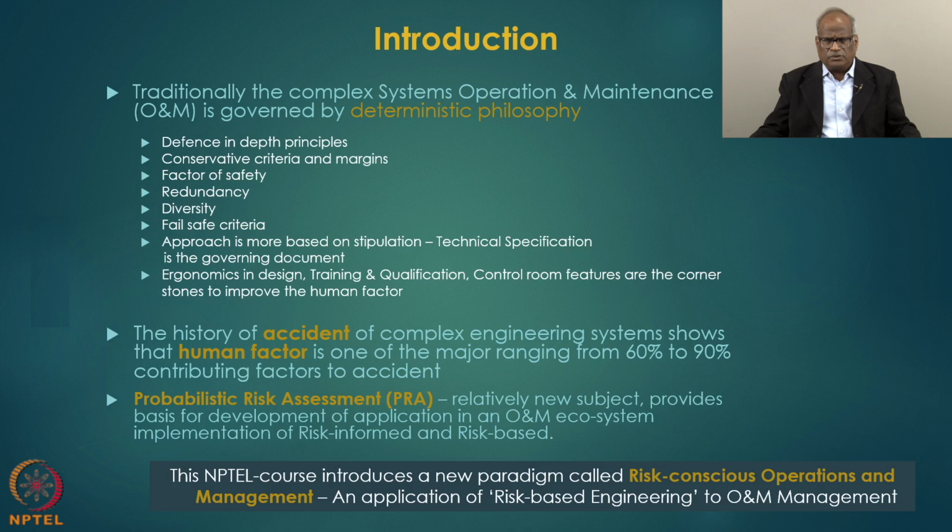Okay. So, this course, risk conscious operation management, is basically a sequel to risk based engineering. So, we will have one section in this module on risk based engineering also, because that is at the root of it, and for risk based engineering PRA is at the root of it. So, all these things we will understand in this lecture.